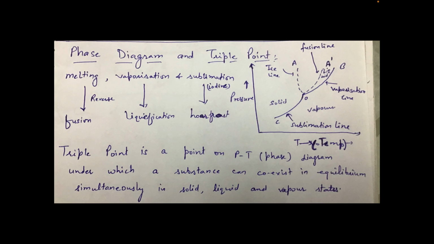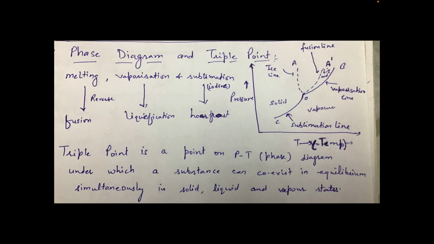Now triple point. Triple point is a point on the phase diagram at which a substance can coexist in equilibrium simultaneously in solid, liquid and vapor state.